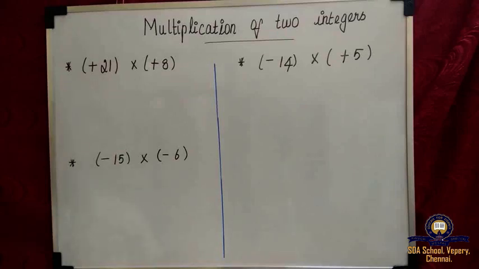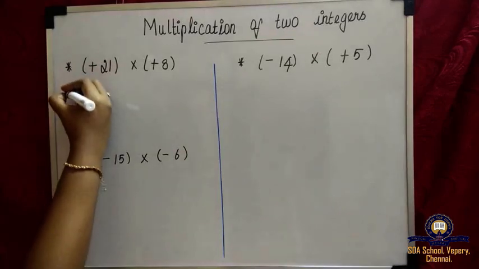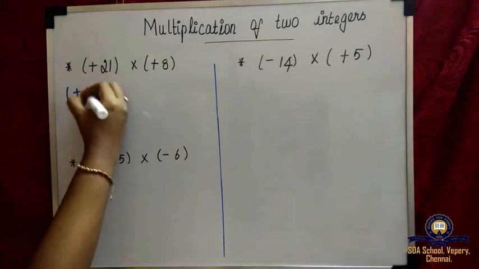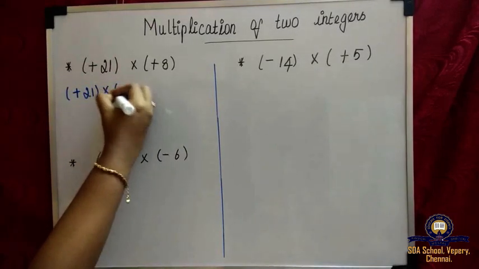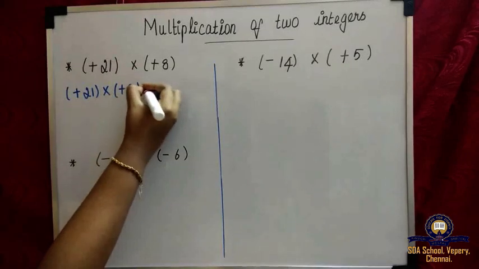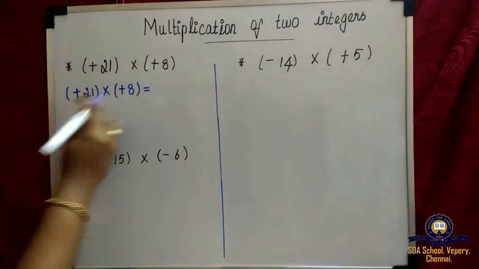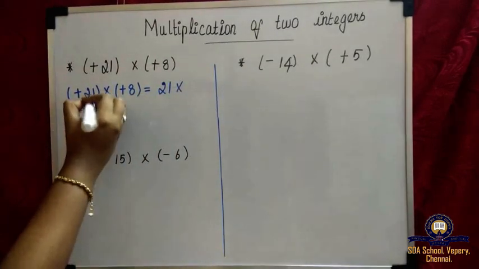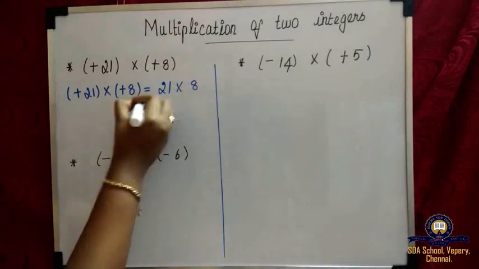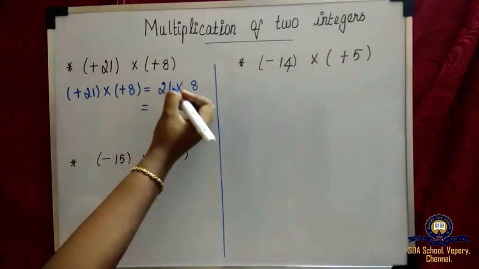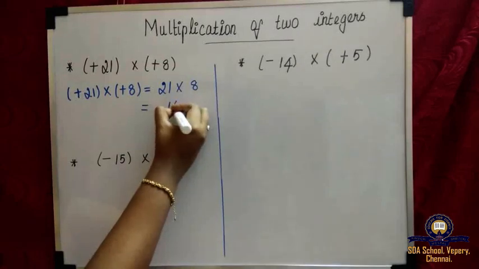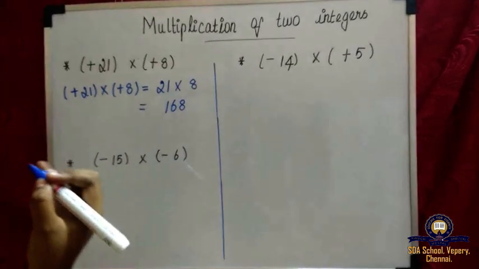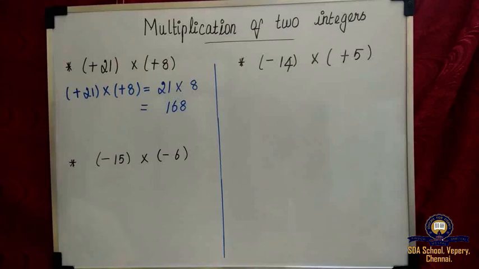We will do a few problems on multiplication of integers. First one, plus 21 into plus 8. First we have to multiply the absolute values. The absolute value of plus 21 is 21 into the absolute value of plus 8, which is 8. 21 into 8 is equal to 168, and we have to now assign the sign.